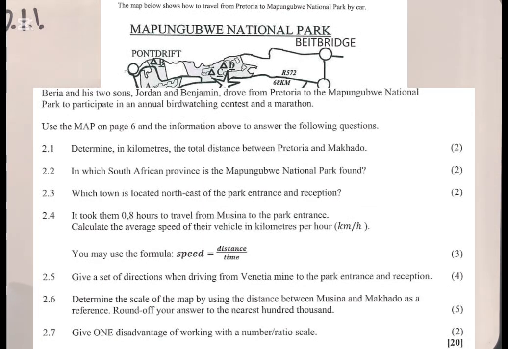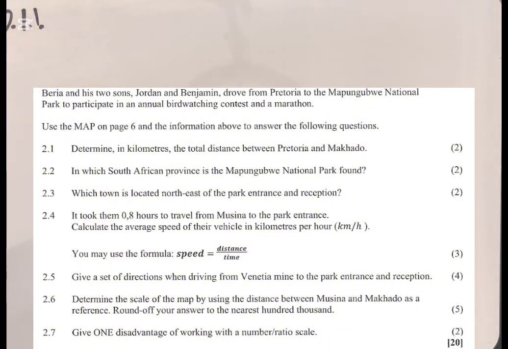2.1 says, determine in kilometers the total distance between Pretoria and Makhado.